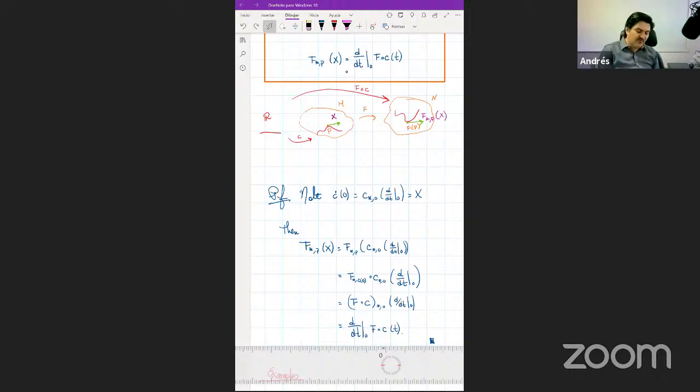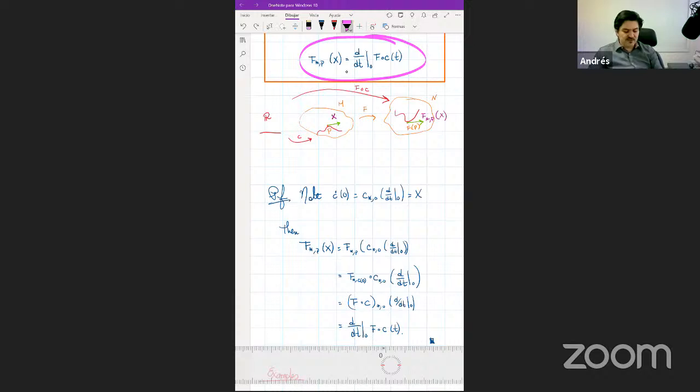And also the formula is saying that it doesn't matter which curve you take, as long as c at 0 equals p and the derivative at 0 is x. Here, on the left-hand side, we don't use c, but here, the curve appears.